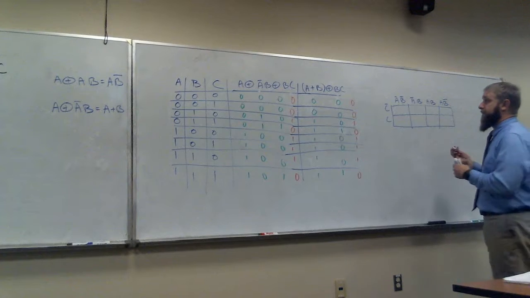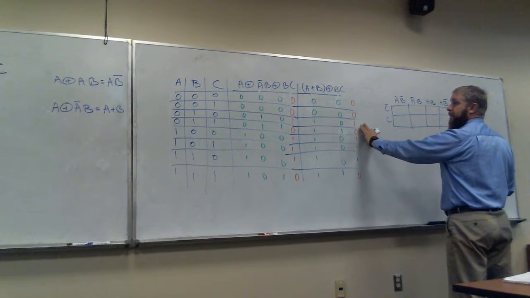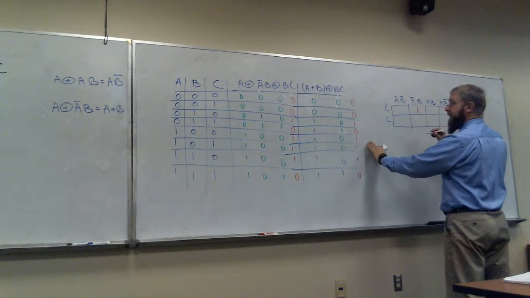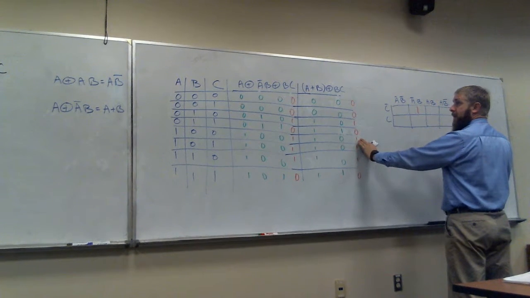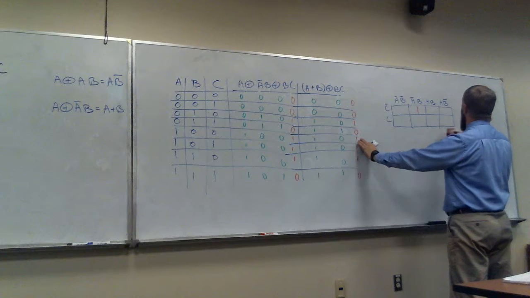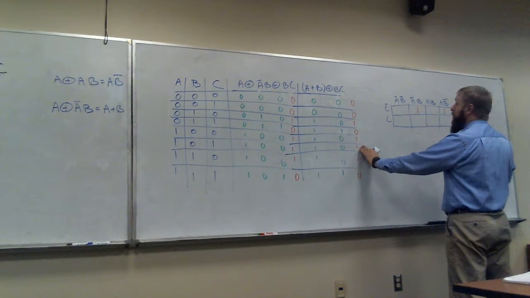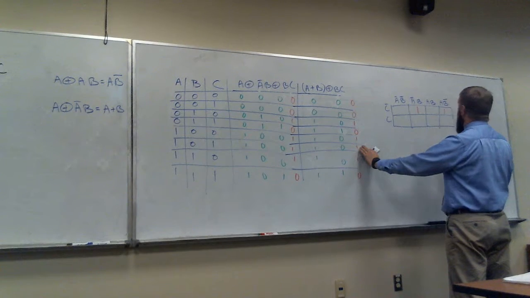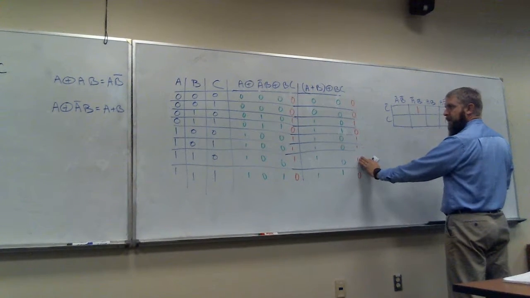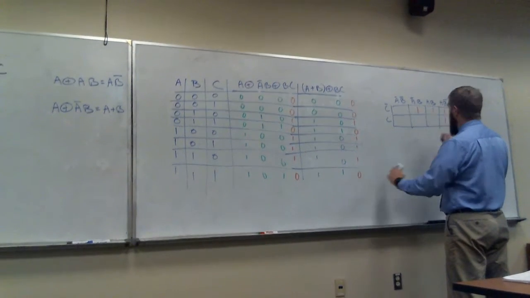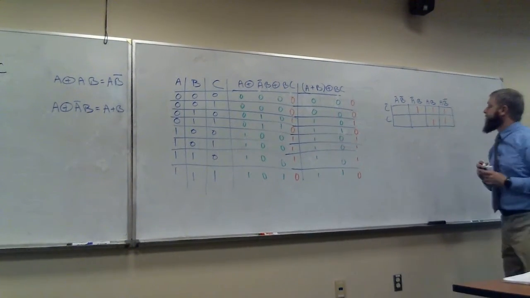Where do we have A not B C not, A not B C not, A B not C not, A B not C, B not C, A B C not.